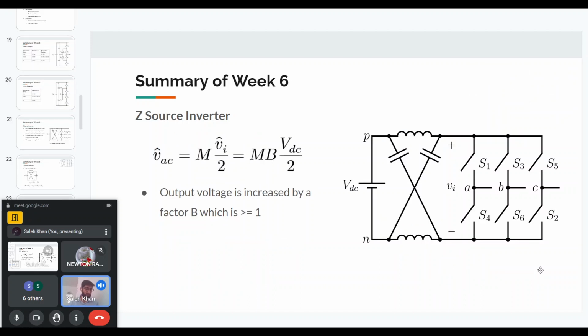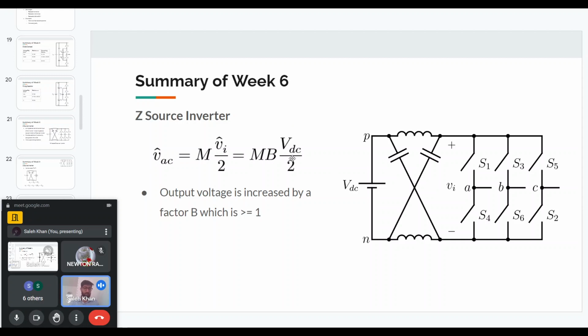Just like the normal VSI case, the AC voltage is given by modulation index times Vi by 2. The peak of the AC voltage is given by this equation, and since here Vi is equal to B VDC, we get this equation for the AC output.